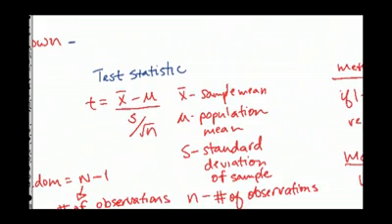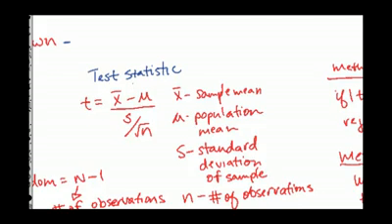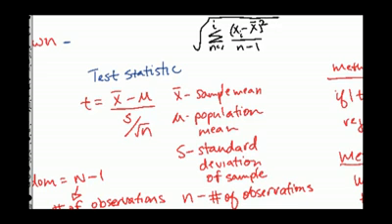This is your formula for the test statistic. X bar is the sample mean, mu is the population mean, S is the standard deviation of the sample. If you remember, you probably will be given all this data, but if you have to recalculate it, it's the square root of the sum of xi minus x bar squared over n minus 1, because it's the sample, not the population.